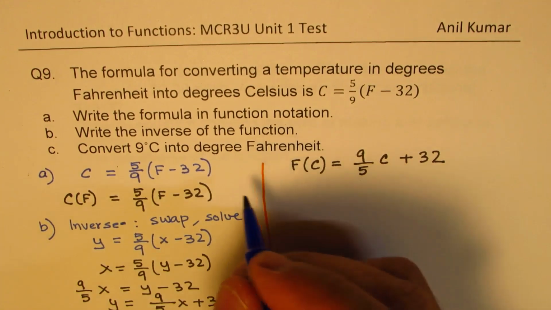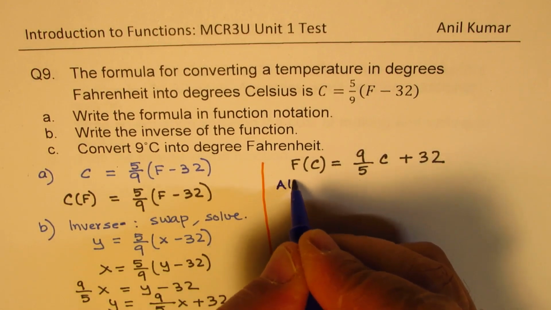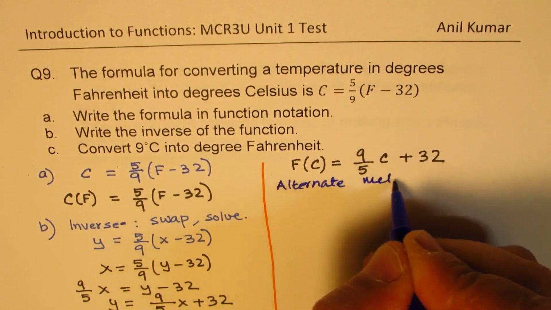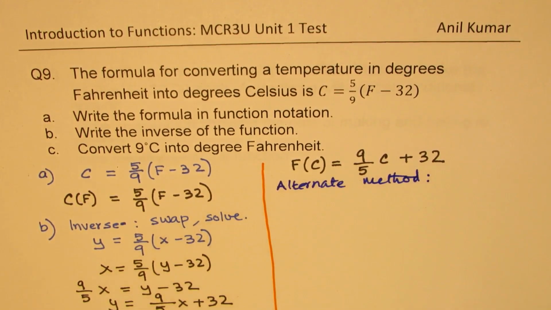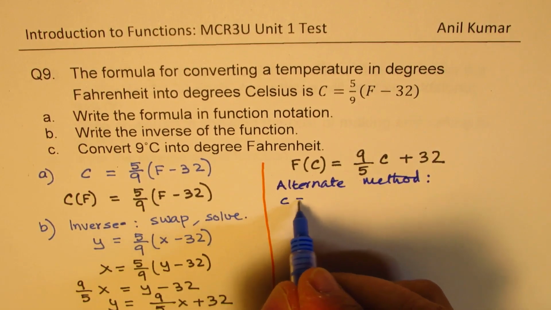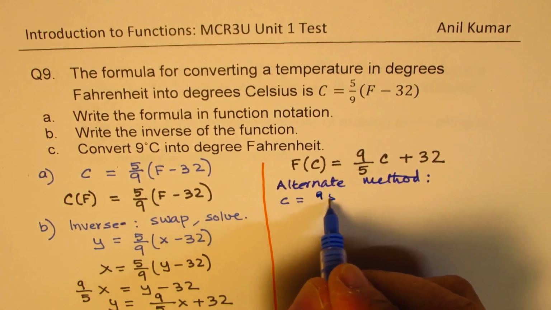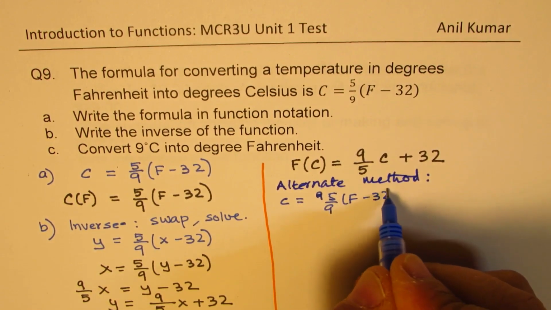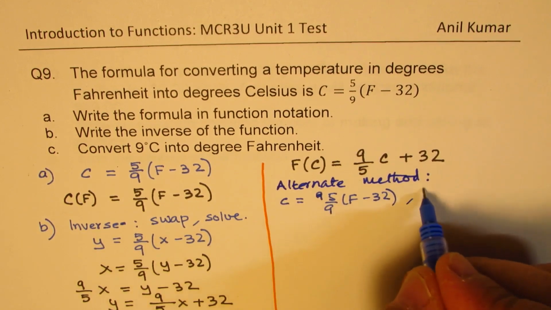Now, let me also talk about an alternate method here. To get the inverse, we are given C equals 5 over 9 F minus 32, right? Inverse means what?